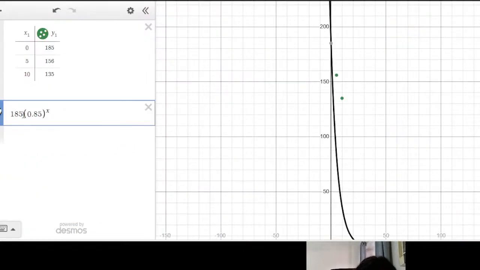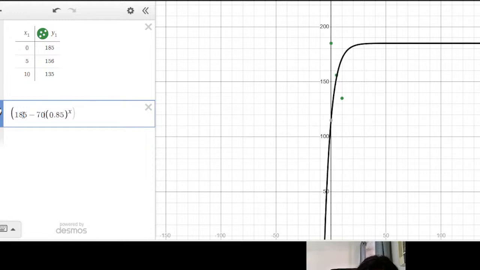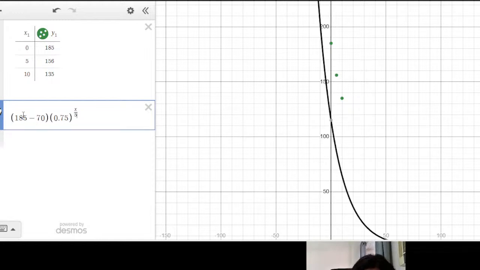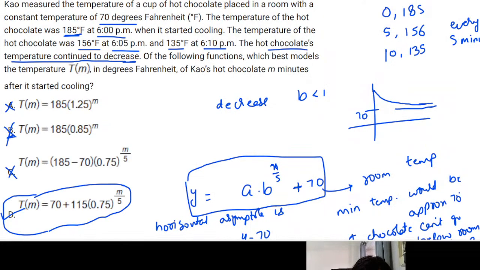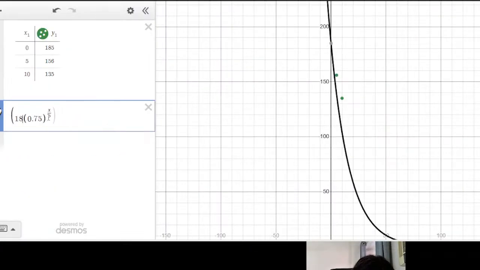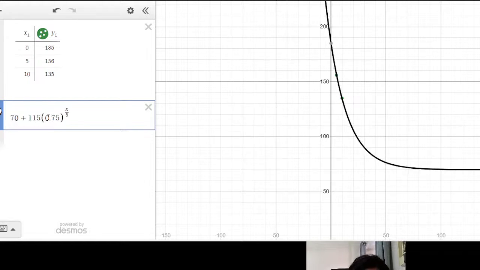And then you try the third option, 185 minus 70 times 0.75 to the power x over 5. None of the points are matching. So this is also not the correct answer. Now the last option, 70 plus 115 times 0.75 to the power x over 5.